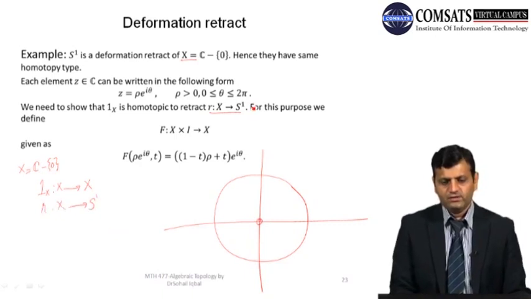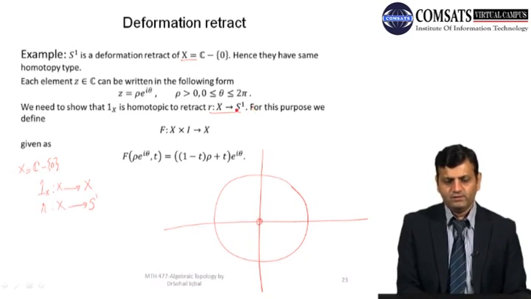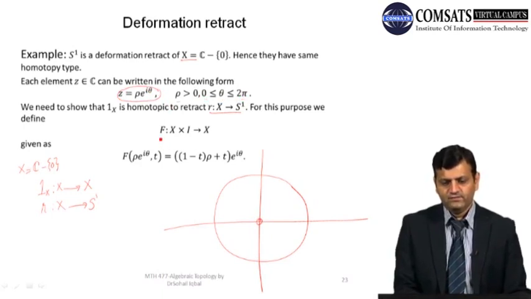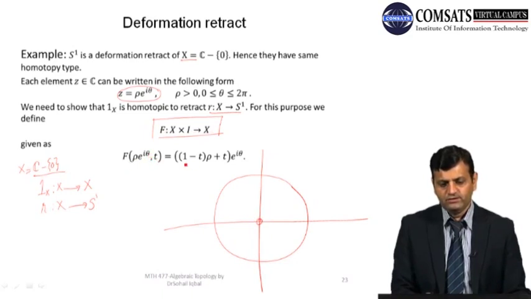We know that every complex number can be written in the following form: z is equal to rho e raised to power i theta, where rho is greater than 0 and theta varies from 0 to 2 pi. We can define capital F from X cross I to X, where once again X is equal to C minus 0, such that F of (rho e^{i theta}, t) is equal to (1 minus t) rho plus t e^{i theta}.